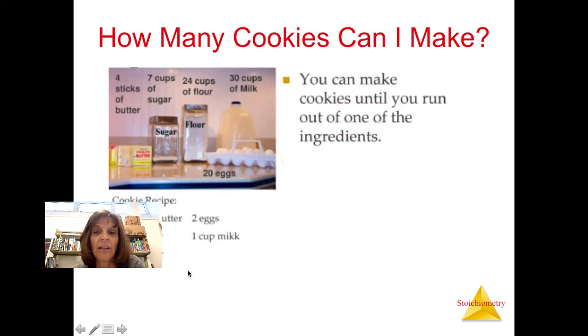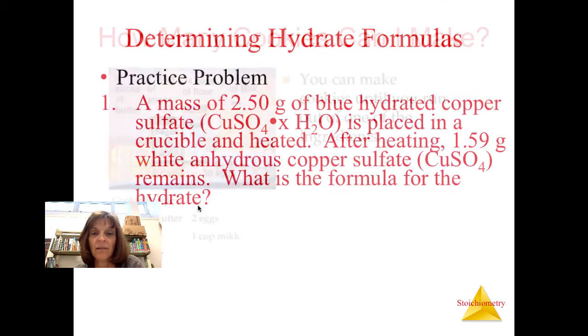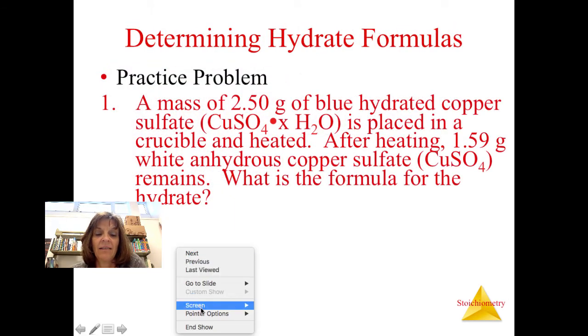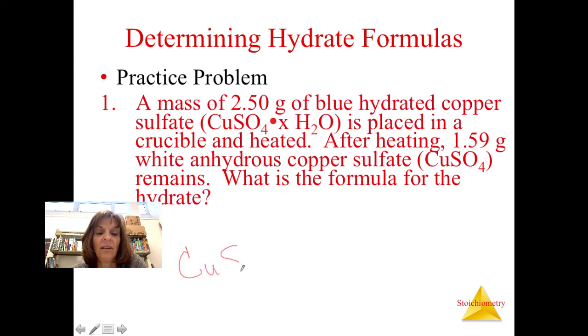It's copper sulfate pentahydrate. CuSO4·5H2O, copper sulfate pentahydrate.